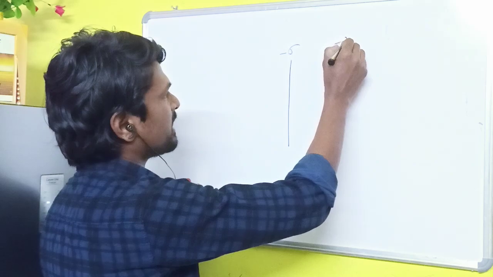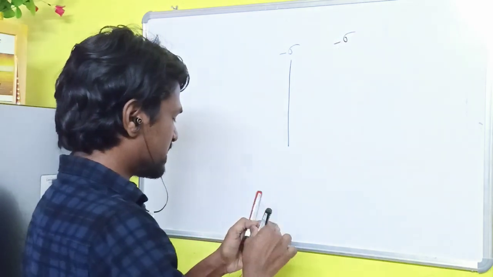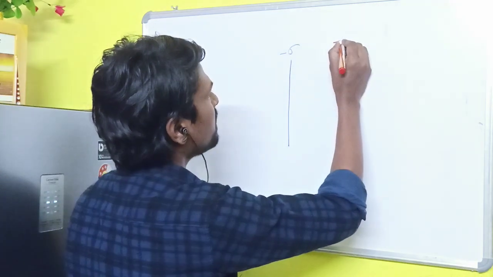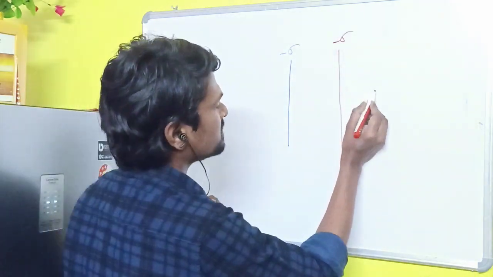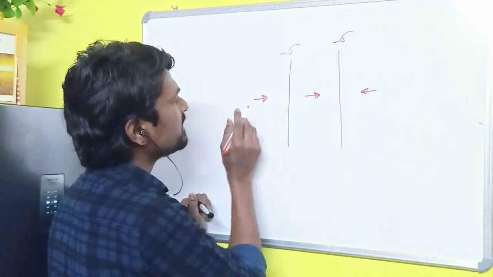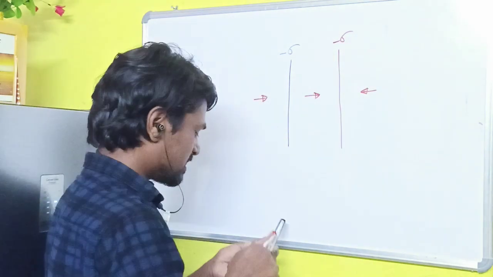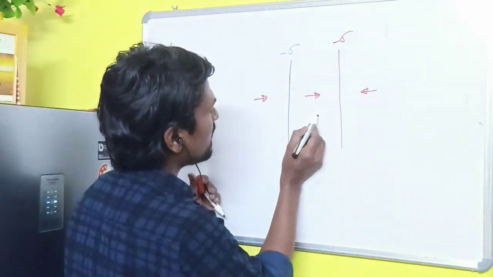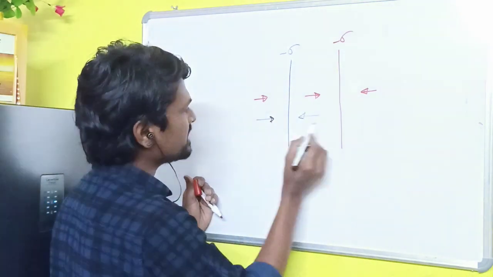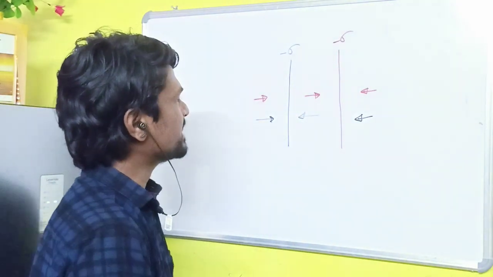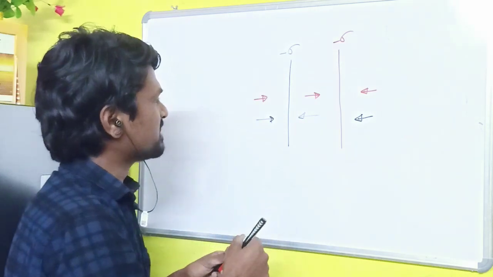That is another combination. For the minus sigma, all the arrows point towards minus sigma, and for the other negative plate also, the arrows are directed towards that minus sigma.